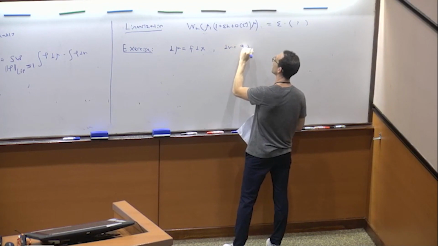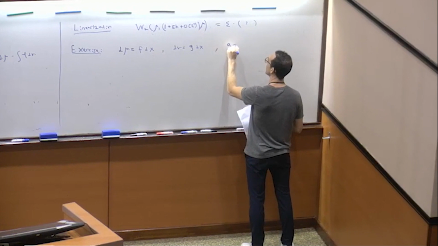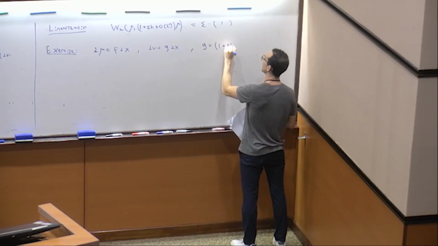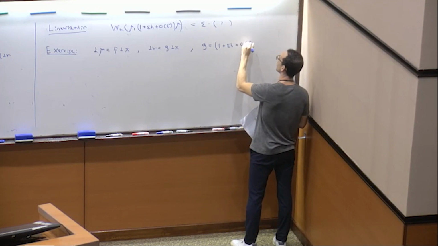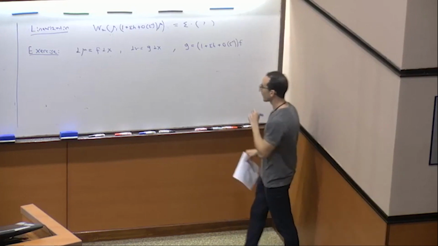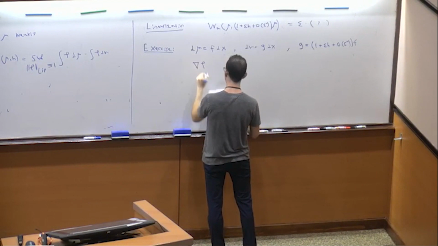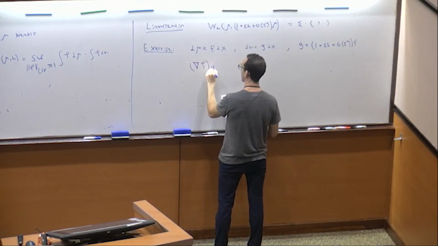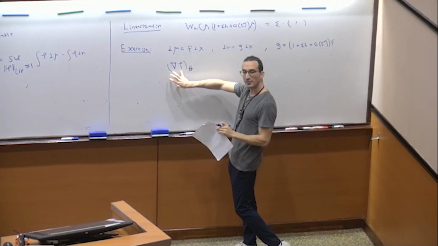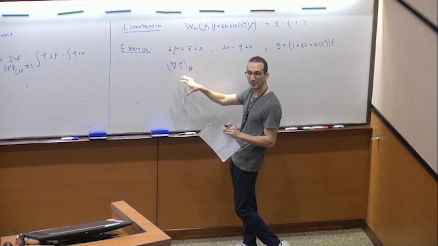And we will assume that G is a perturbation of F, so 1 plus epsilon h plus O of epsilon squared times F. And we will make the ansatz that the Brenier map, remember we had this Brenier map from the previous lecture for W2 that mapped mu into nu, and it was a gradient of a convex function.